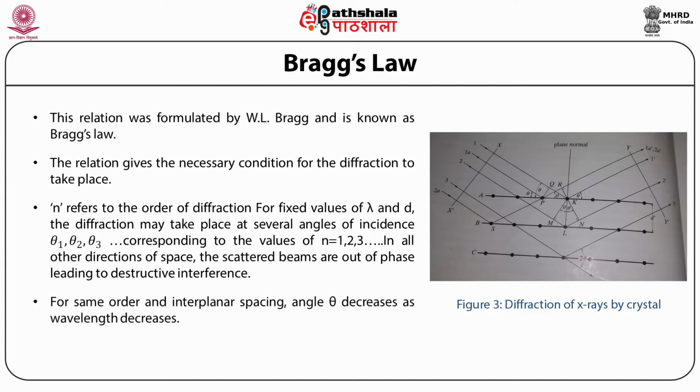For the same order and interplanar spacing, angle theta decreases as wavelength decreases. Thus, glancing angles are used to study diffraction using gamma rays. Figure 3 shows the diffraction of X-rays by a crystal.